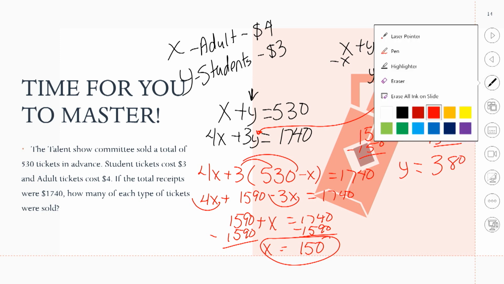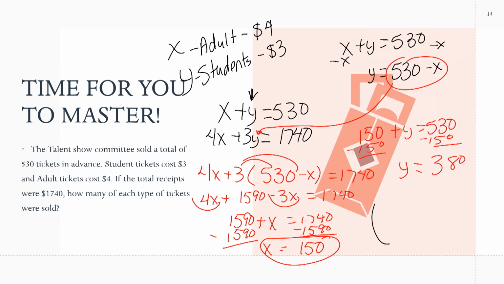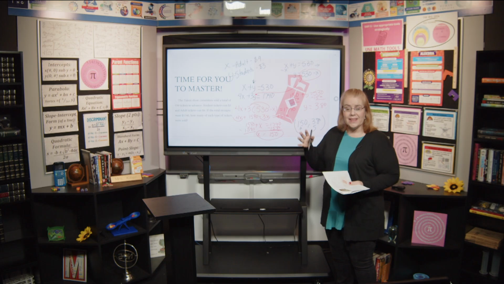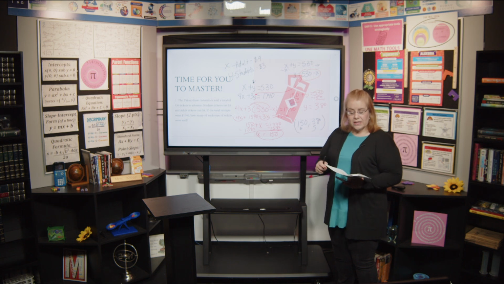So for me to be able to talk true context of 150, 380, I have 150 adult tickets and I have 380 student tickets. Making sure I am seeing fully what each number represents in this passage. I always want to make sure I know what it equals in the passage.